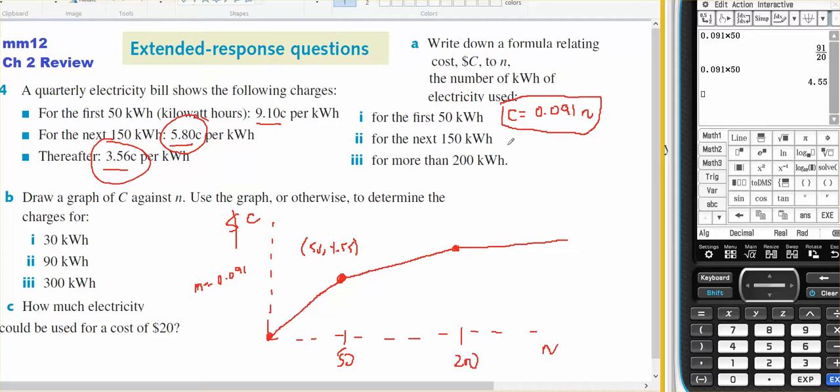I now have a rule for the second one, which is 0.058 n plus some constant c. And that constant c, remember, will be when this line, if you extended it, would reach there.